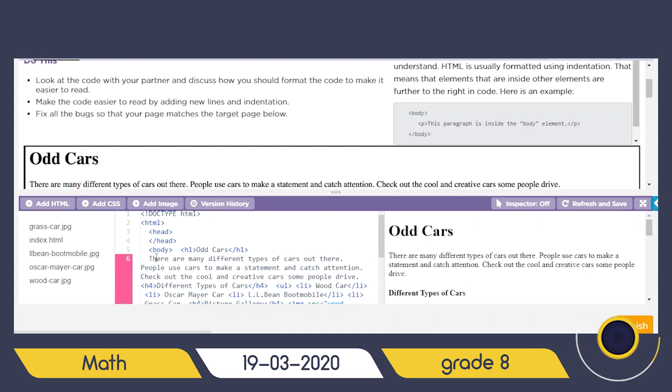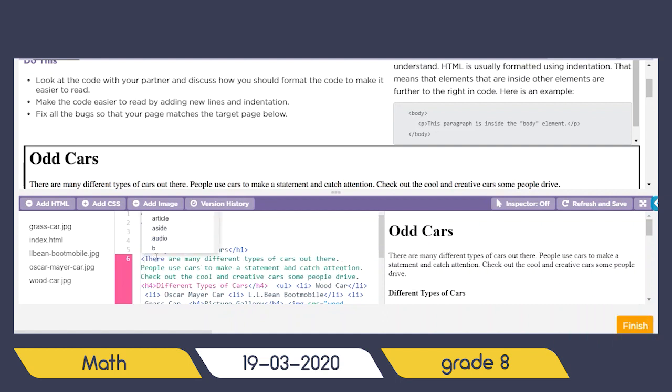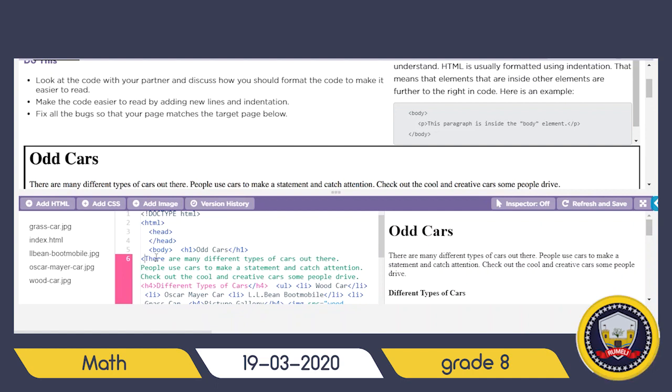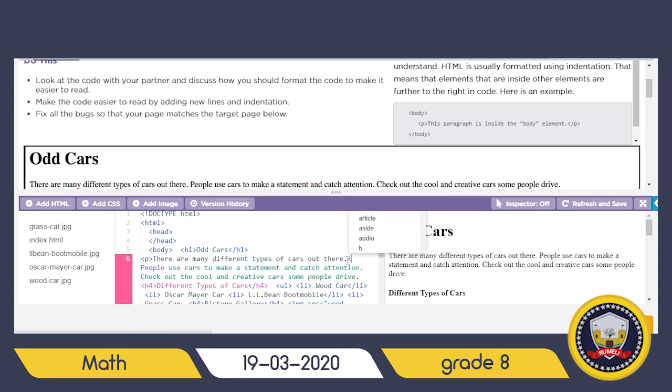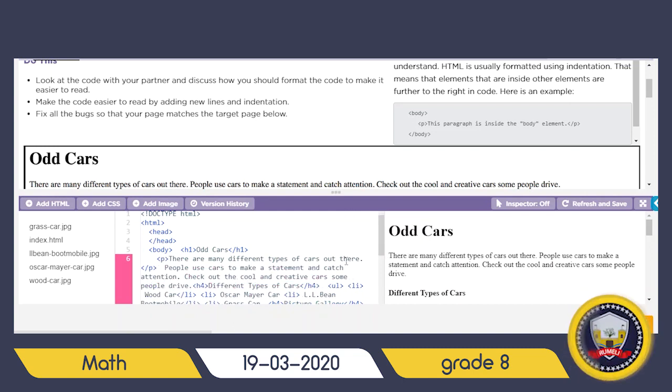You place your paragraph, P. Okay. Now this is indentation. You have taken the text far to the left. Okay. Now the white space, you close the paragraph P. Okay, that is it.